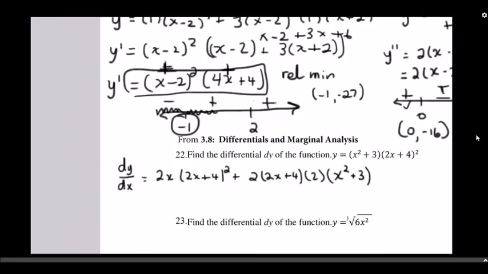Now if we look for common factors, we have 2x plus 4, 2x plus 4, and a 2, so we can pull out a 2 and a 2x plus 4. That's going to leave an x and a 2x plus 4 from this piece. From this piece, we're going to have a 2 and an x squared plus 3.